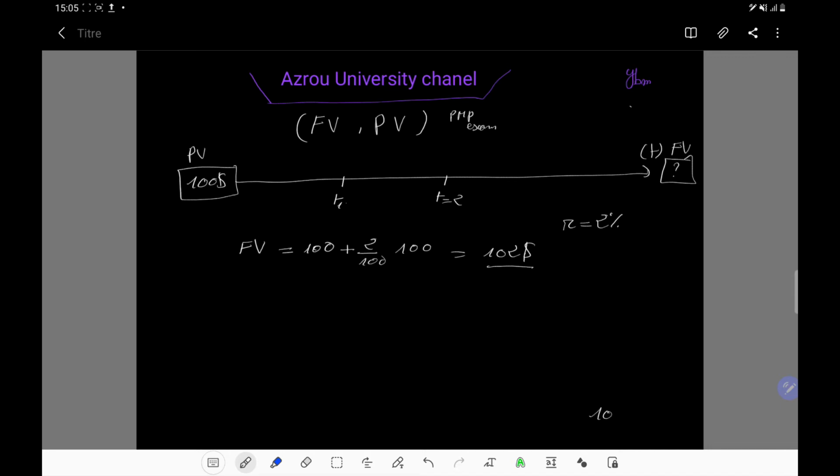We'll use the same calculation. Future value of the year 2 equals what I have at the previous year, at the year number 1. And I have $102, and I will add to it, if I suppose that the interest rate will be the same, 2% of what?